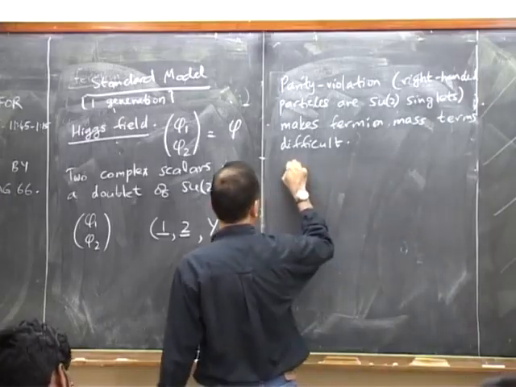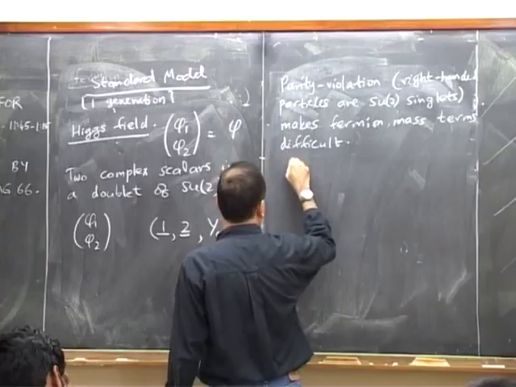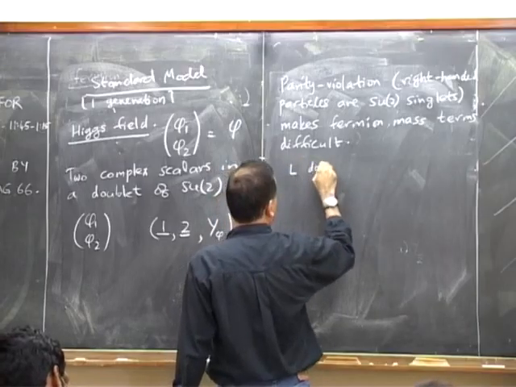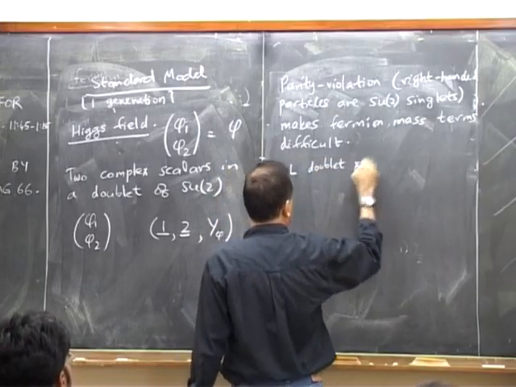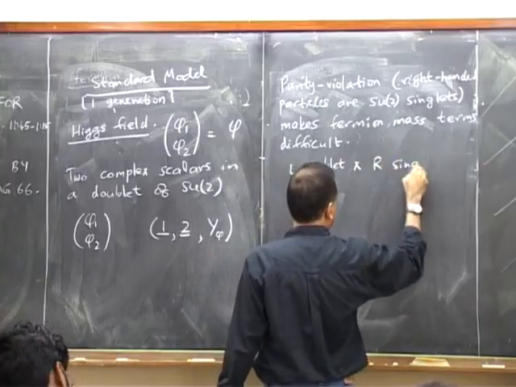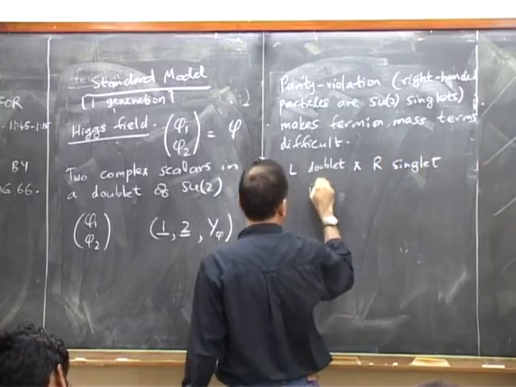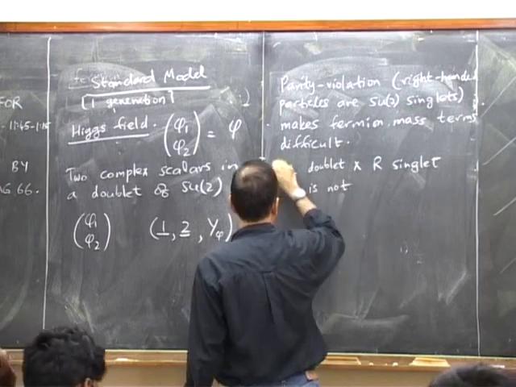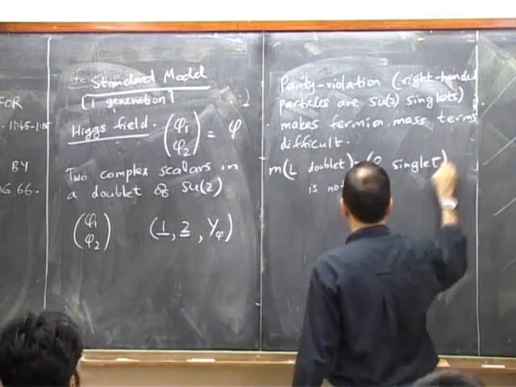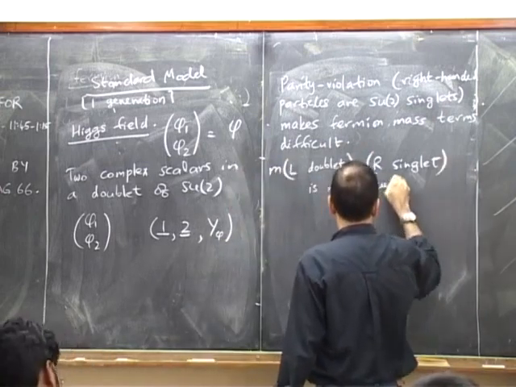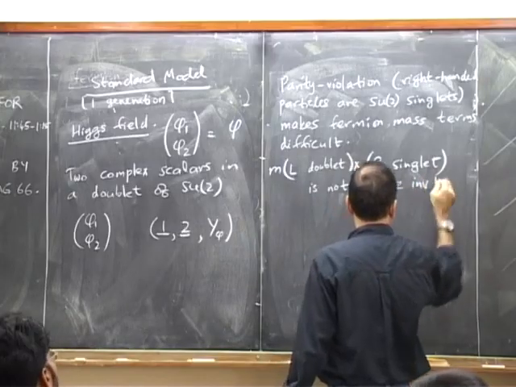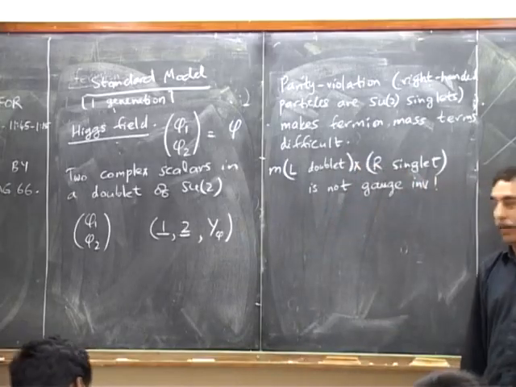A left doublet times a right singlet, times the mass, is not gauge invariant. So that's the problem.